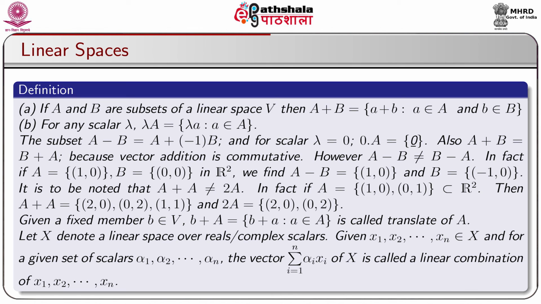Given x1, x2, ..., xn belonging to capital X, and for a given set of scalars alpha 1, alpha 2, ..., alpha n, the vector sigma i equal to 1 to n alpha i xi of capital X is called a linear combination of x1, x2, ..., xn.